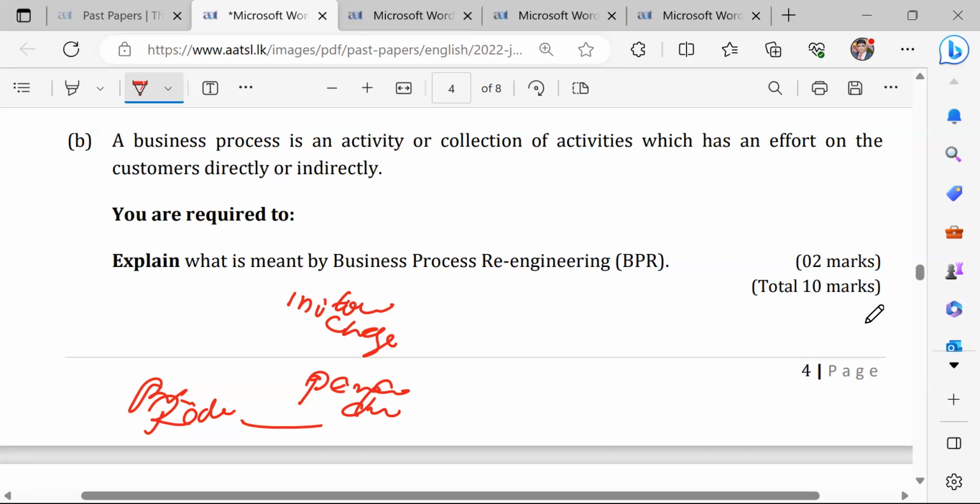These are the 6 steps in BPR, business process reengineering. Right? You just say what is business process reengineering and produce this diagram, then you will get full marks.